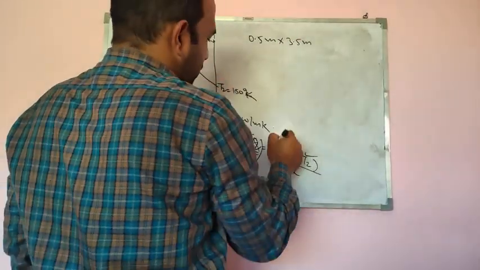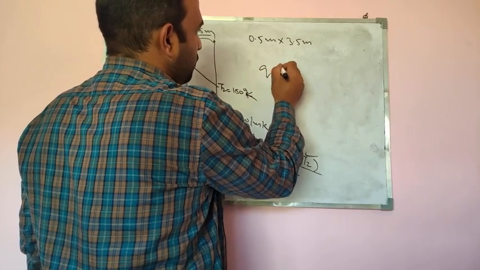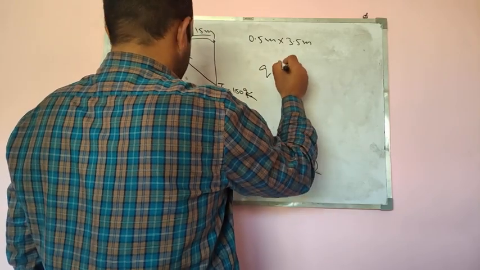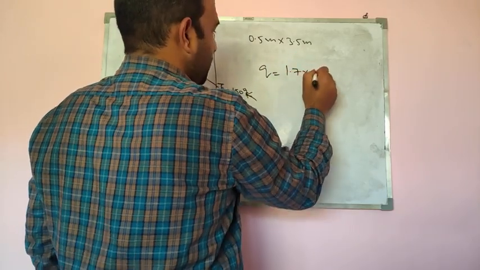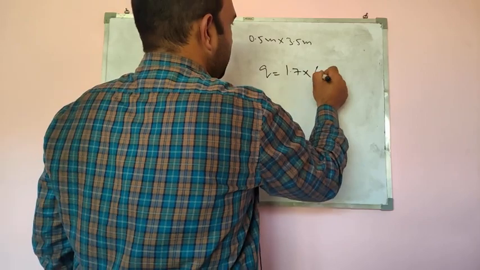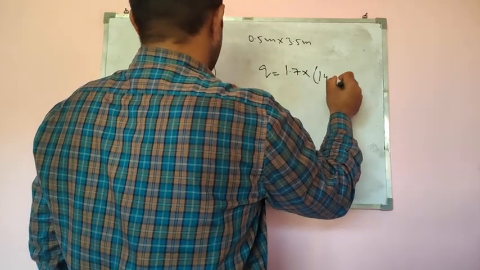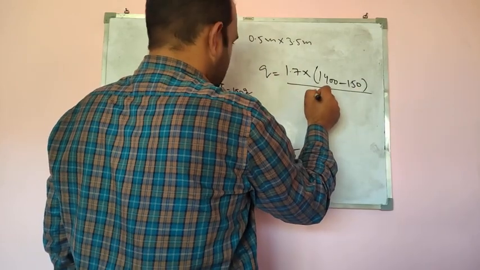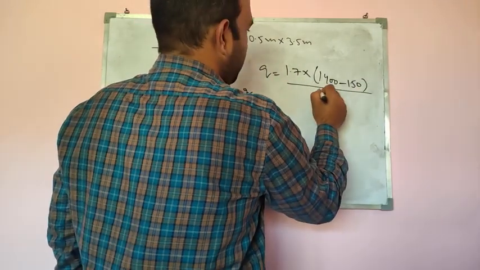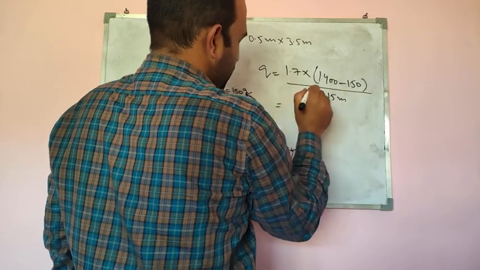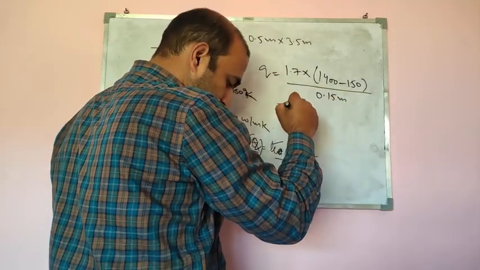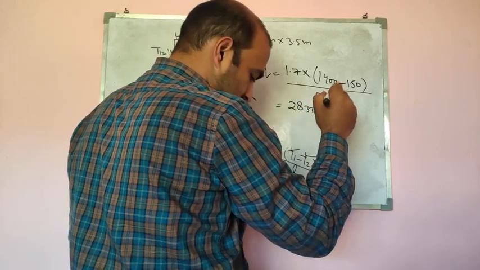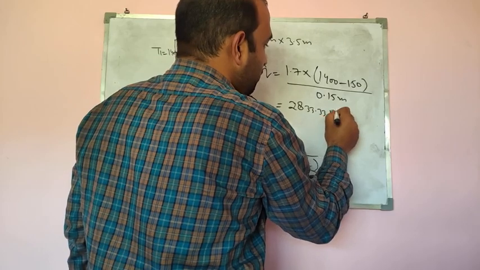So we can first find Q, that's heat per unit area. K is given, it is 1.7, multiplied by T1, 1400, minus T2, 150, and then L is 0.15 meter. So it will come out to be 2833.33 watt per meter square.